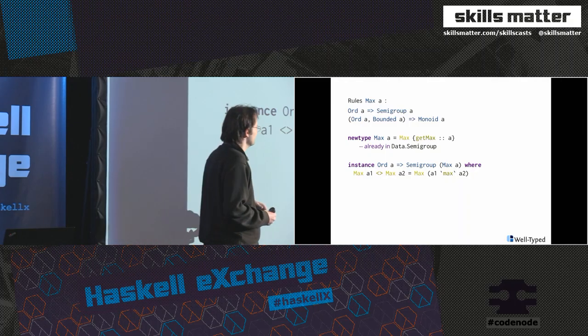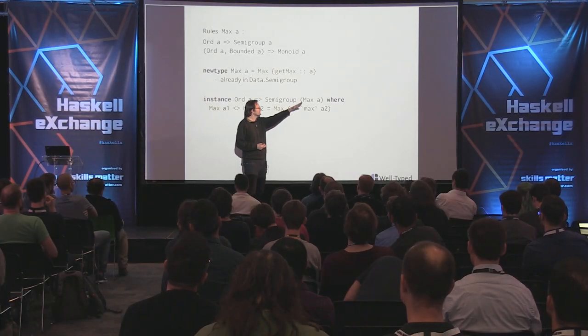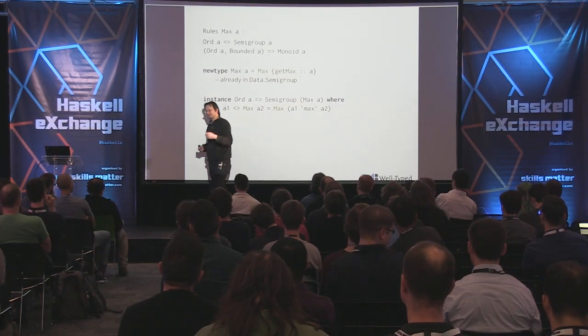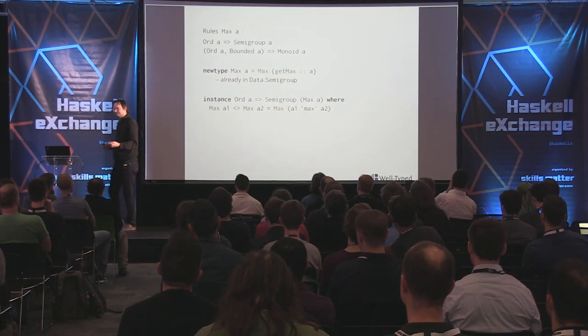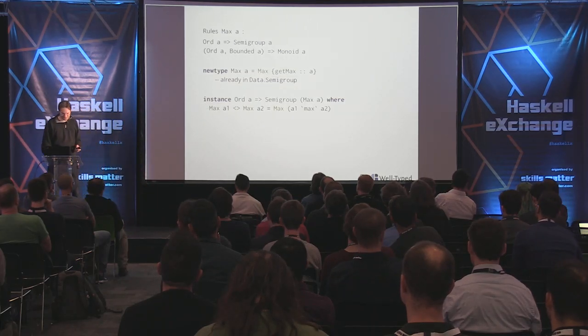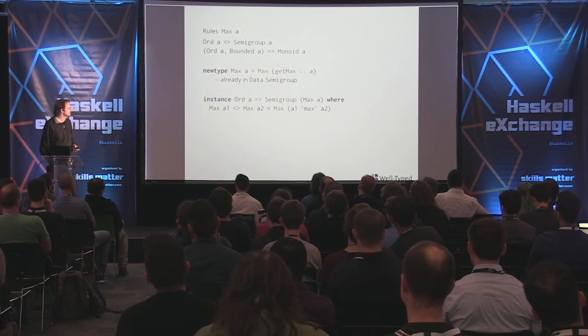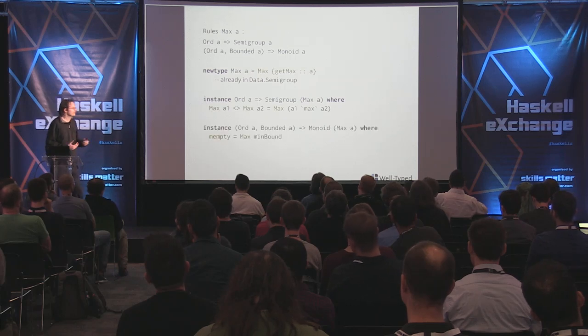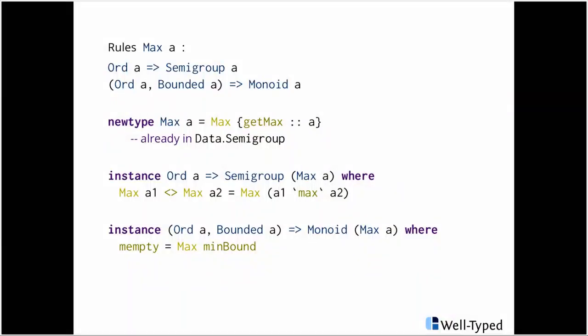So the key insight here is that by using these newtypes, we can give names to different rules, and then we can reuse these names in order to select the rules in the via clauses. Similarly, for the Monoid one, we can write this rule down as an instance declaration that from an Ord and a Bounded instance gives us a Monoid instance. Okay.